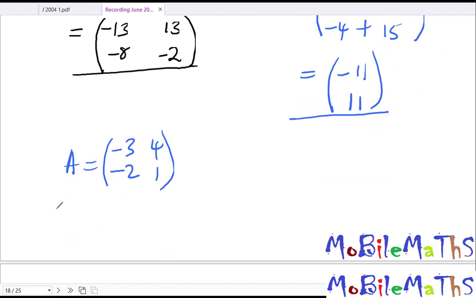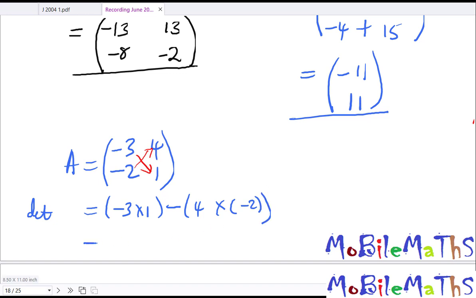We have to first of all find its determinant. The determinant we find is going to be, you multiply this, and then you subtract these ones. So when I do that, I'll get determinant is going to be minus 3 by 1, then minus a 4 by minus 2, like that.